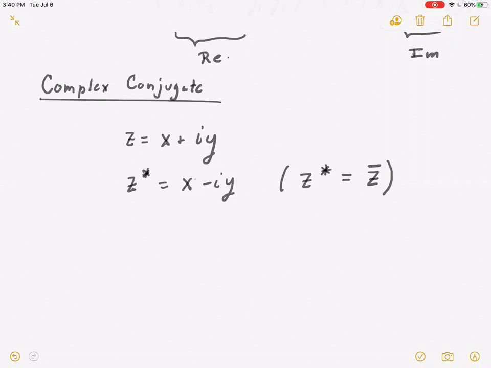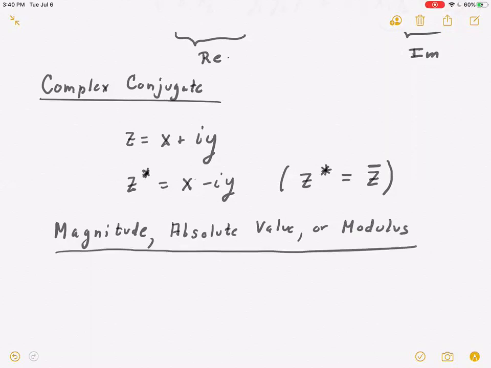All right. So it turns out that complex numbers have a magnitude. They have an absolute value. And they have something called the modulus. And all three of these creatures mean the same.